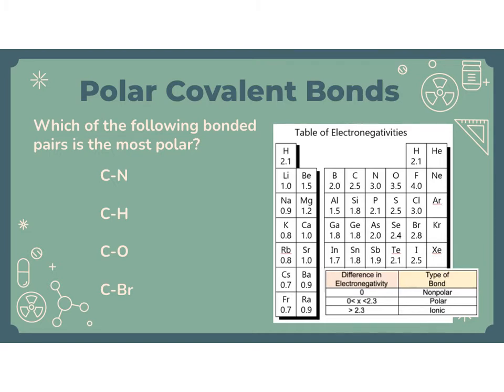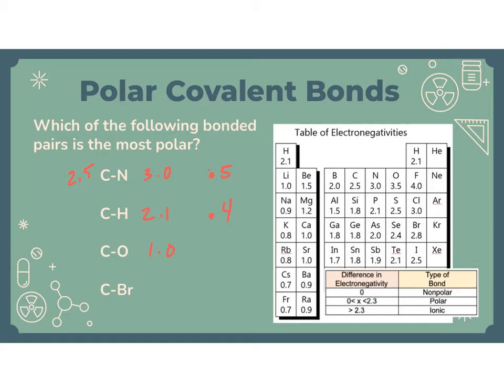Okay, so question. Which of the following pairs is the most polar? Now, what do you have to do? You have to look up their electronegativity. So for C, it's 2.5, and all of these have C in it. And then we have N, which has 3.0. That difference is 0.5. Between C and H, H is 2.1, and that difference is 0.4. C and O is 2.5 and 3.5. That difference is 1.